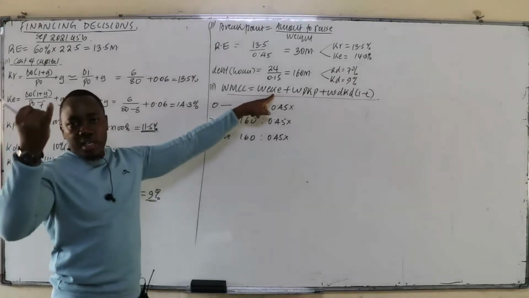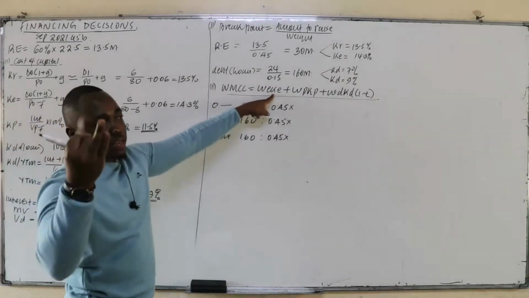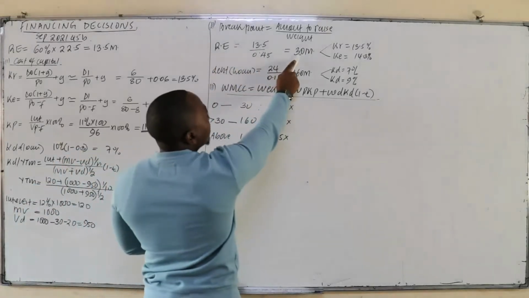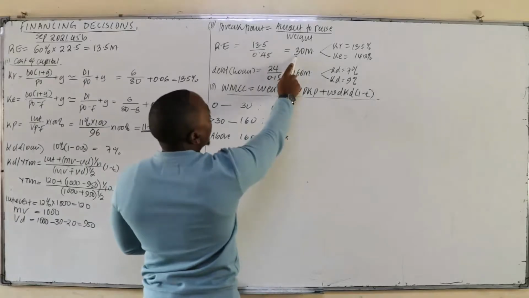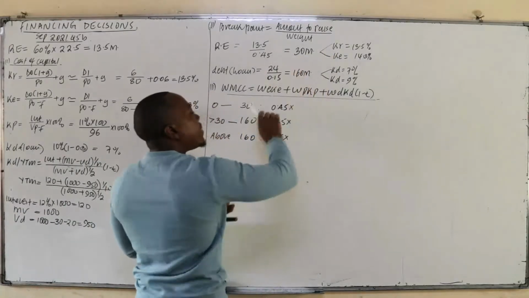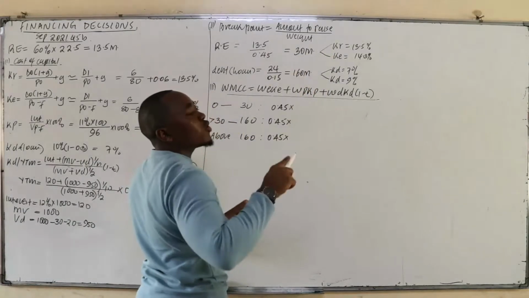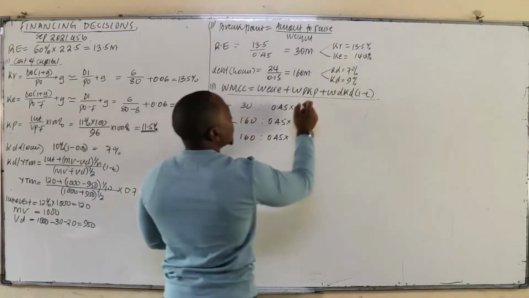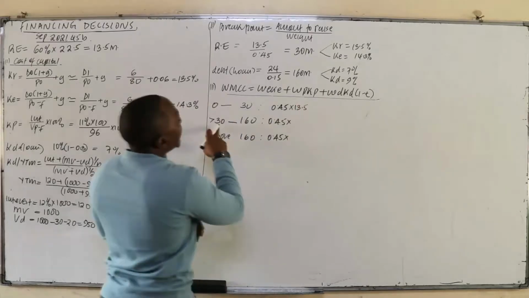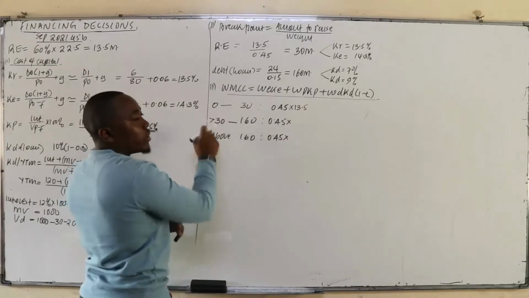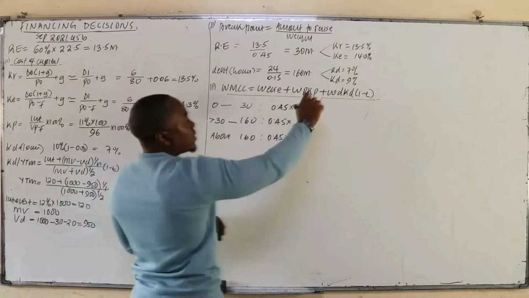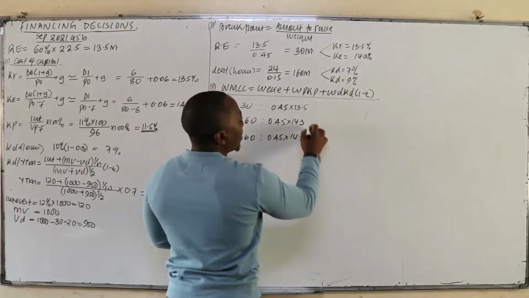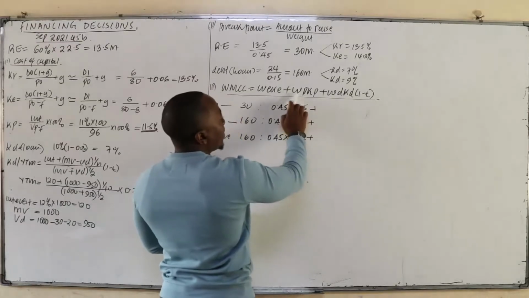We have the cost of ordinary share, cost of retained earnings. For retained earnings, we have the breakpoint, which is 30. So between 0 to 30, we use the cost of retained earnings. Above 30, we use cost of ordinary share. Between 0 to 30, we use the cost of retained earnings, which is cheaper at 13.5. Anything above 30, now we go to the next expensive source of capital, which is issue of new shares, 14.3.